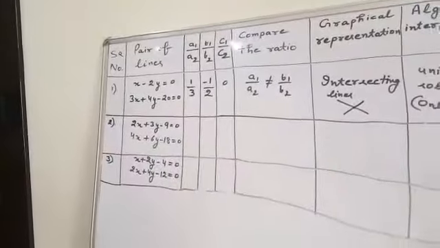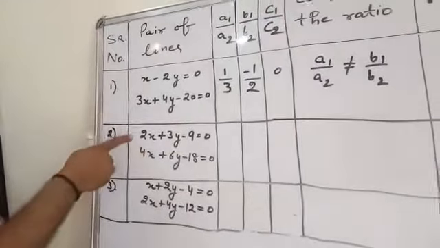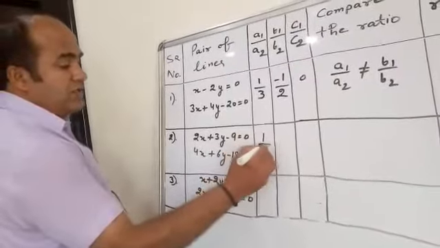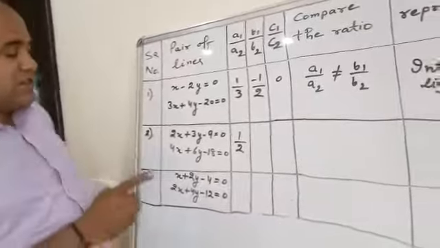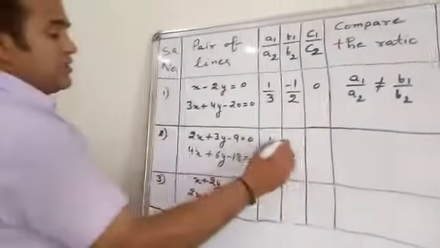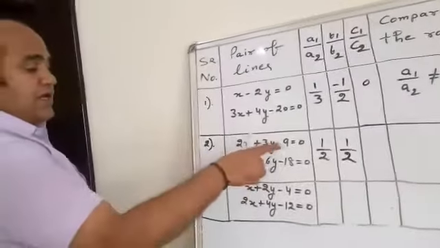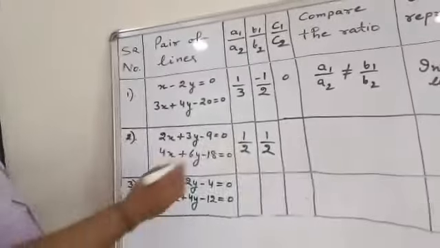In second case, coefficients of x are 2 and 4. So ratio 2 by 4 is 1 by 2. Coefficient of y ratio 3 by 6 means 1 by 2. Here c1 by c2 again 1 by 2.